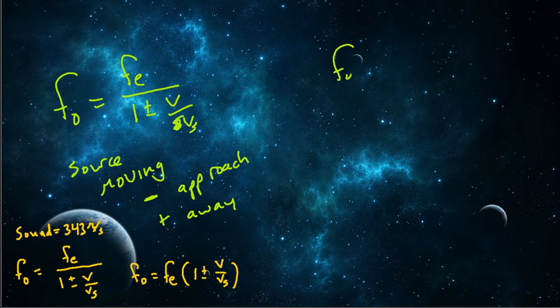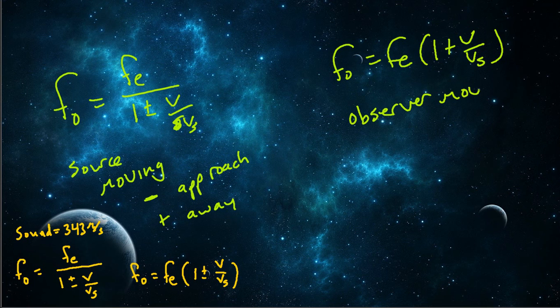And this other formula is if the observer is moving. And we use the plus for approach. And we use the minus if we are the observer and we're moving away. So pretty simple to use them. Just plug in the numbers and solve.